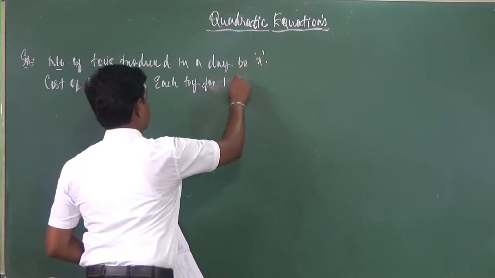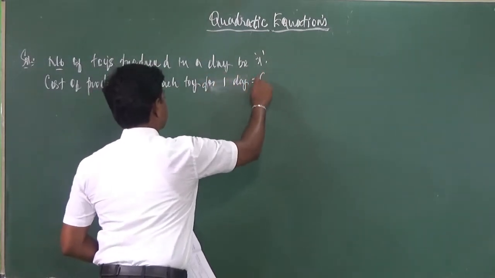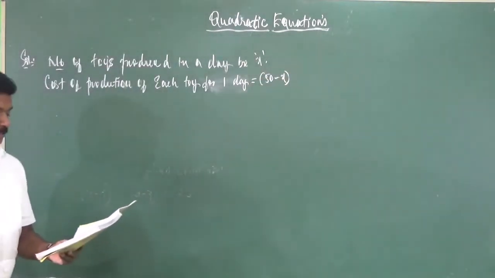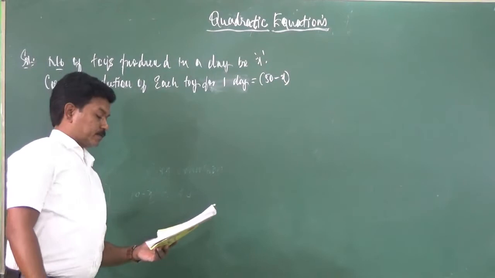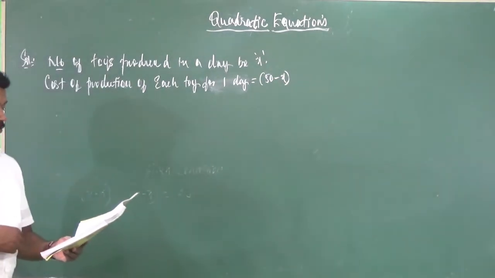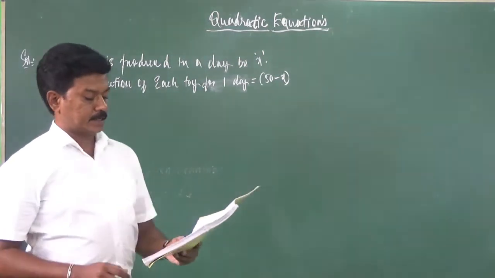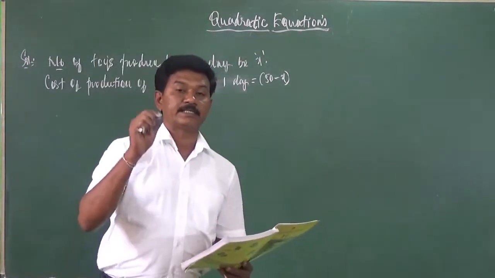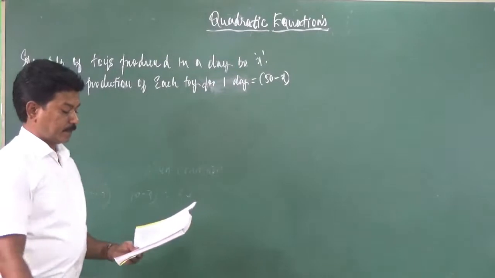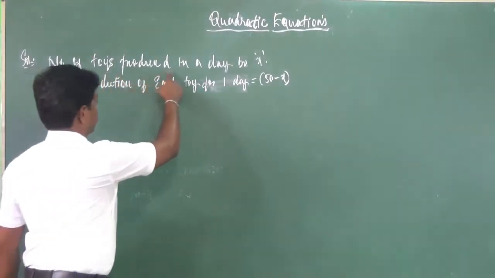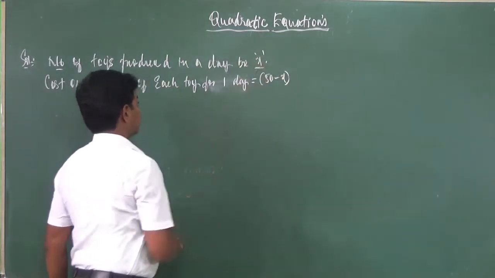For one day is 55 minus x. So once again, the cost of production of each toy was found to be 55 minus the number of toys produced in a day. So now next is, on a particular day the cost of production was rupees 750. The number of toys produced in one day is x.